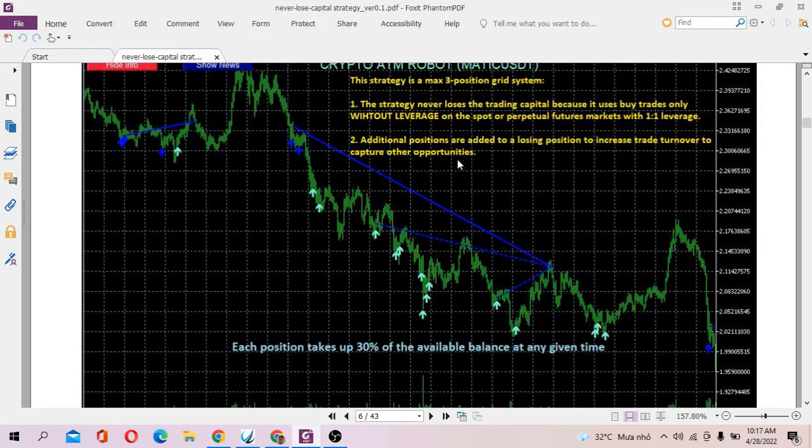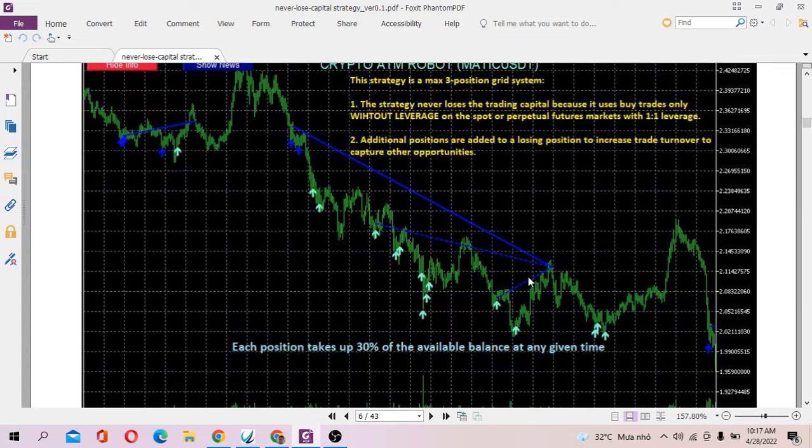Basically, the strategy has a maximum of 3 open positions at any time. If the strategy opens the first position and price goes against it, it places a second trade, and similarly for the next trade.